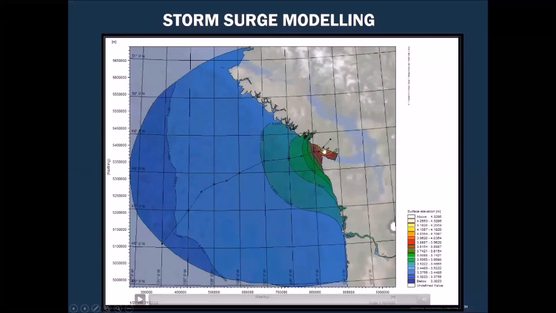So we also have to include this storm surge in the model to estimate the inundation for that particular area, because the coastal storm surge is often the greatest threat to life and property.